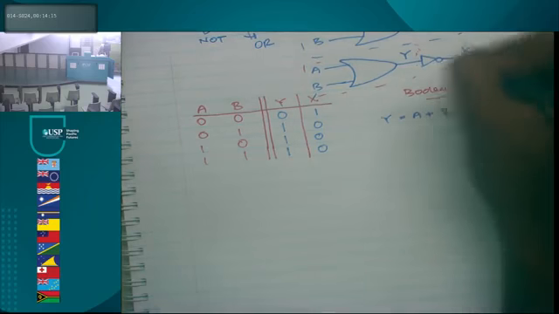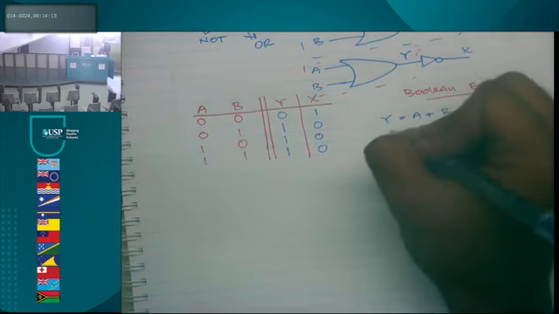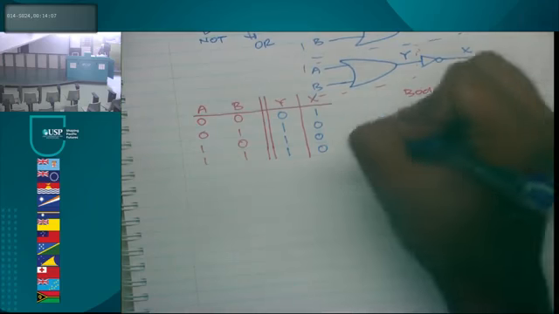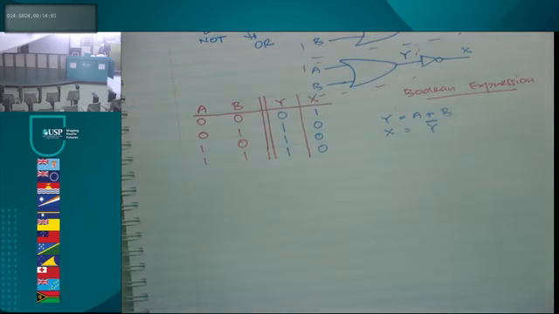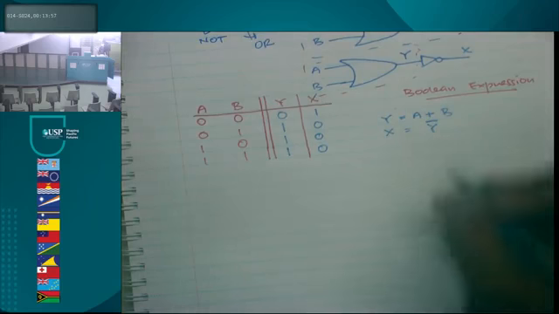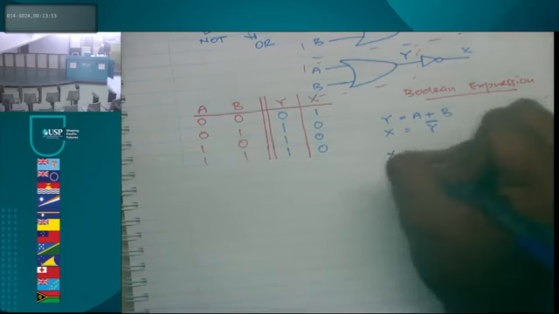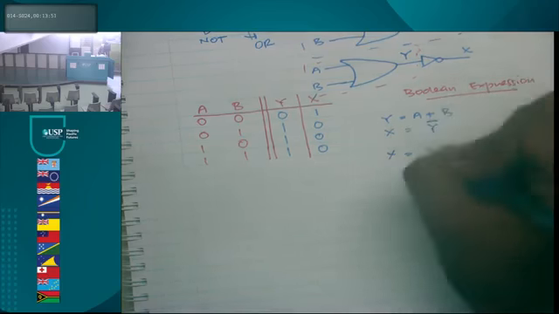Now let's look at your further X output. At X, it will be X equals your Y with that special notch I told you about, right? And if you further want to break it down, your Y expression is A or B, so X equals A or B with that notch, okay?